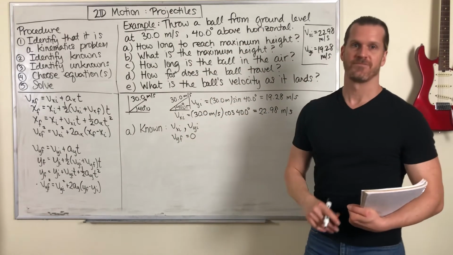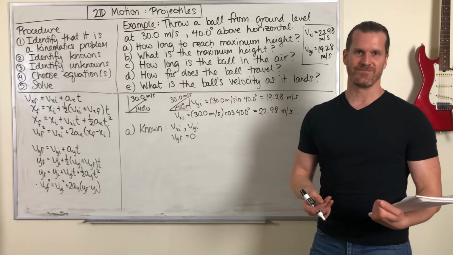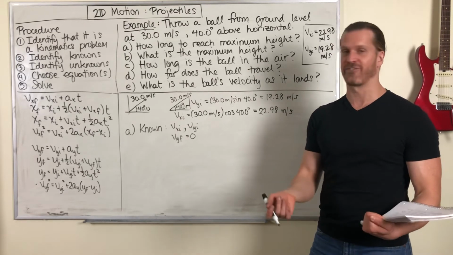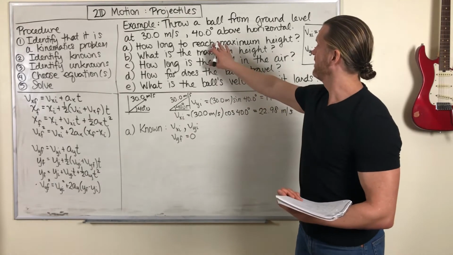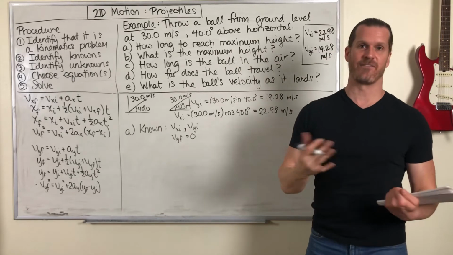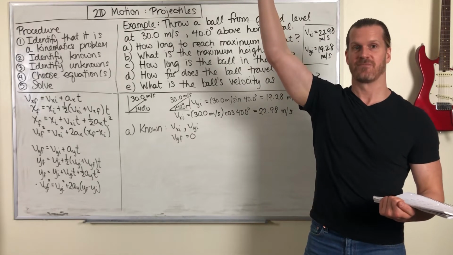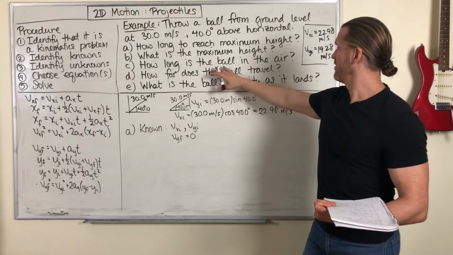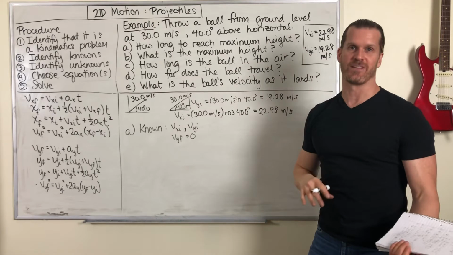equals 0. Now remember, initial and final refer to the particular situation you're analyzing. So in parts A and B, my final is going to be at the maximum height. For parts C, D, and E, final will mean something different.